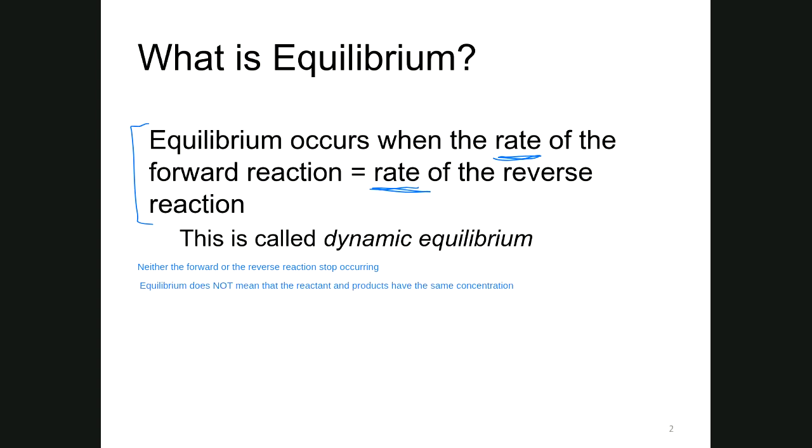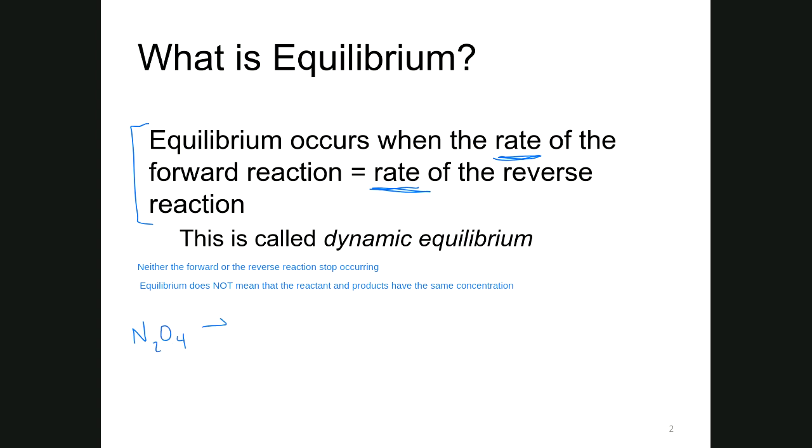Can they have the same concentration? Absolutely. But do they need to have the same concentration? No. So let's look at a quick example of what this could look like. Let's say we're looking at the equilibrium of dinitrogen tetroxide.